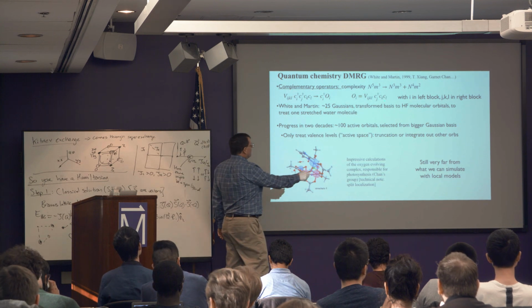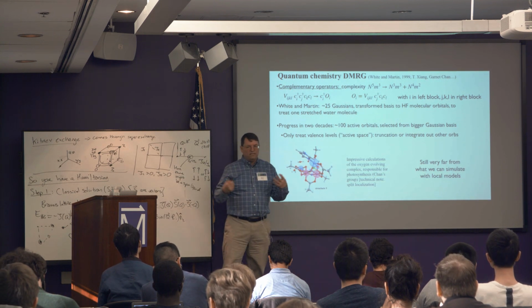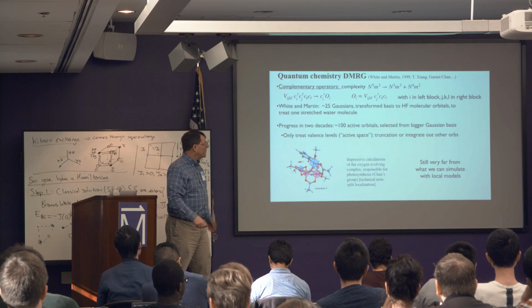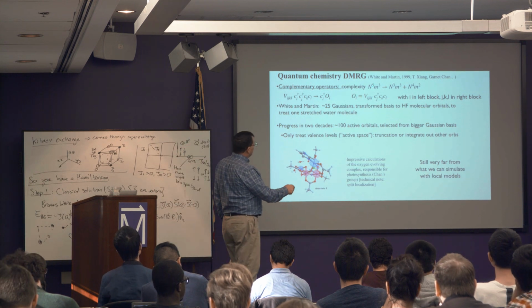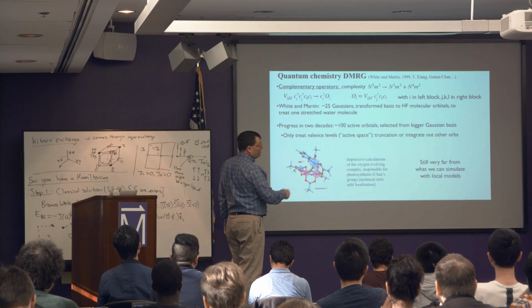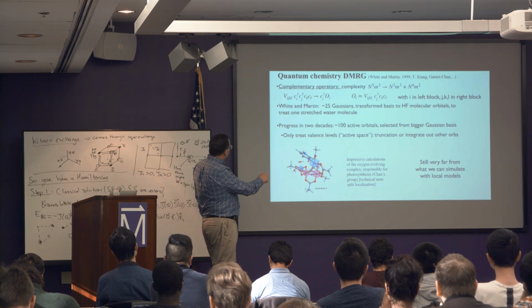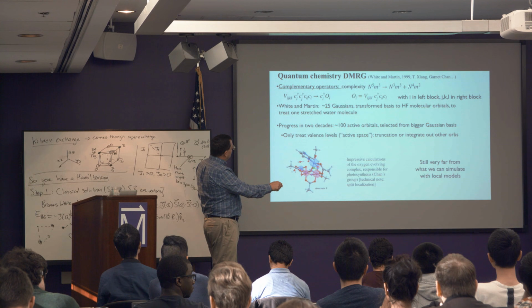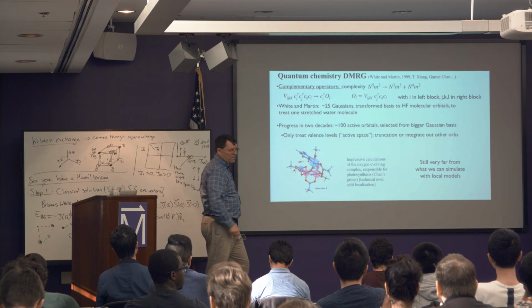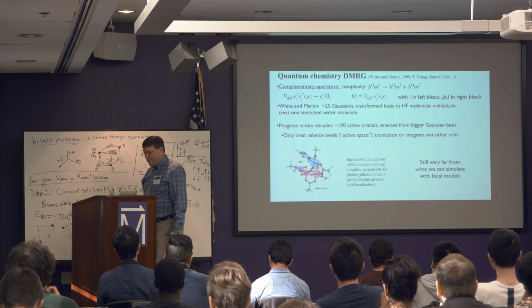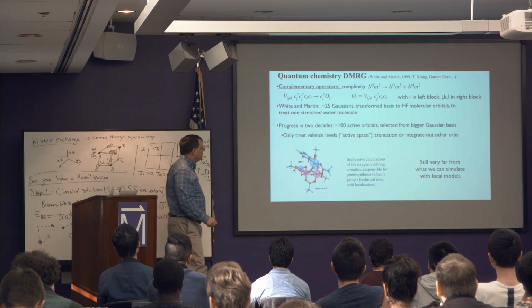And the work of keeping track of these things is a lot less, and it gives you a big reduction. So it gives you a reduction in the effort from n to the fifth down to n cubed for the dominant term. Of course, there's still n to the fourth pieces. That comes in as a term that's not quite as important, n to the fourth m squared. And so that's your new scaling.